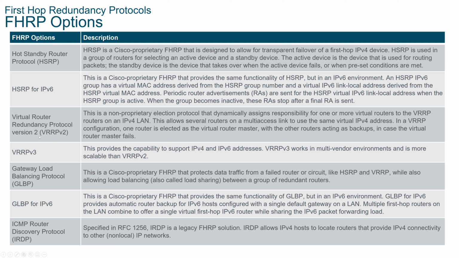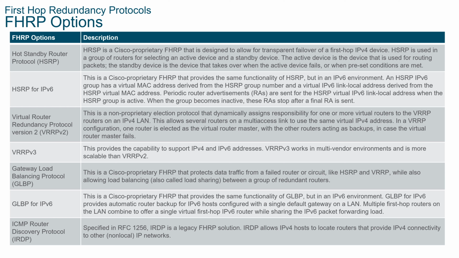Virtual Router Redundancy Protocol version 2, or VRRPv2. This is a non-proprietary election protocol that dynamically assigns responsibility for one or more virtual routers to the VRRP routers on an IPv4 LAN. This allows several routers on a multi-access link to use the same virtual IPv4 address.